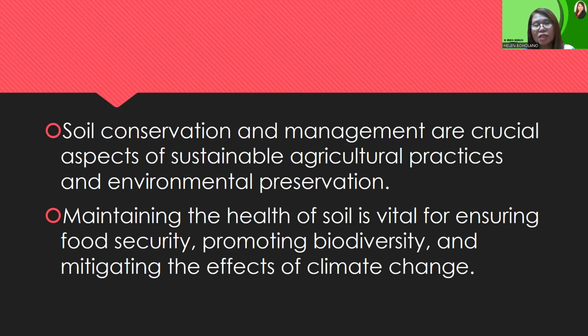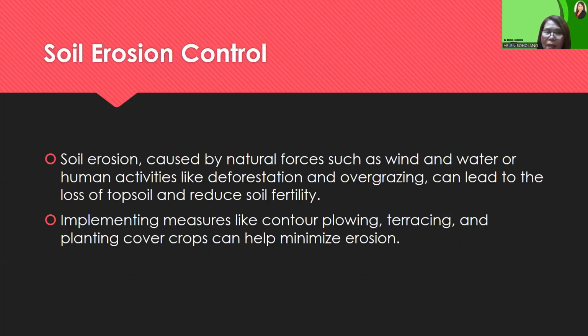Now, climate change has impacted a lot, especially in our crop production. It will also destroy the soil. The climate change also affects our soil nutrients. So soil erosion control, how can we control soil erosion?